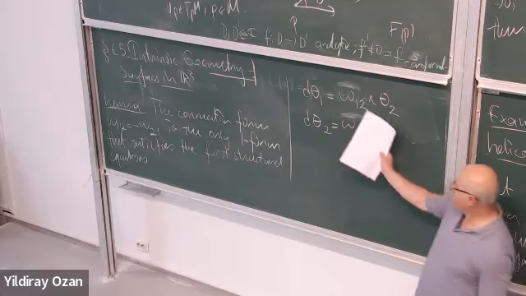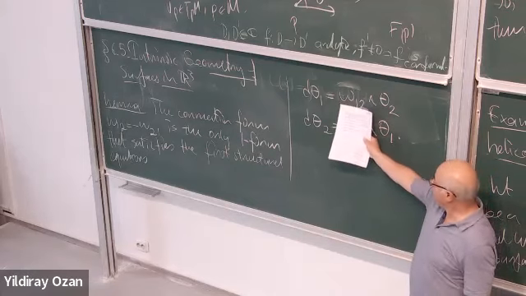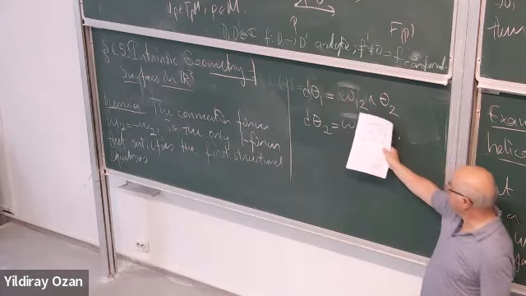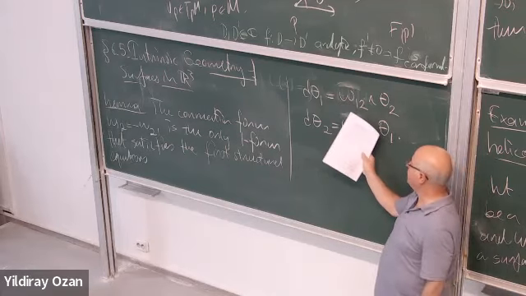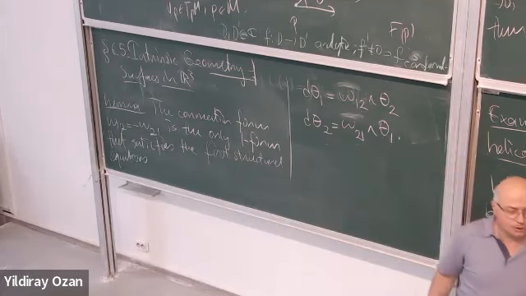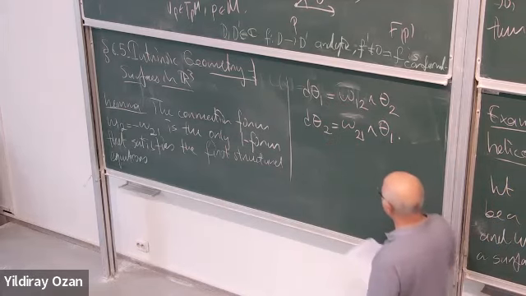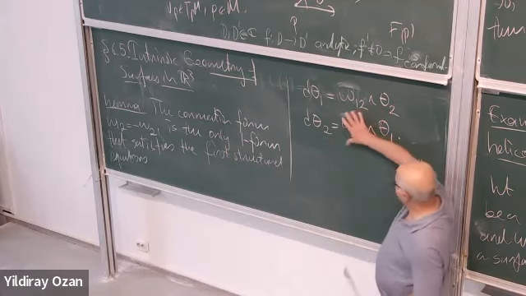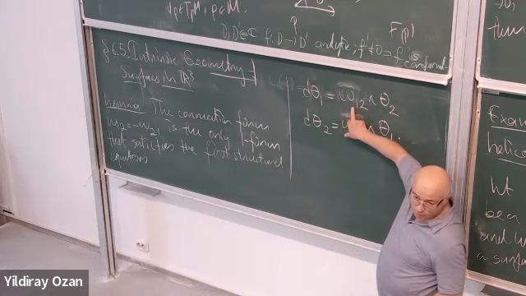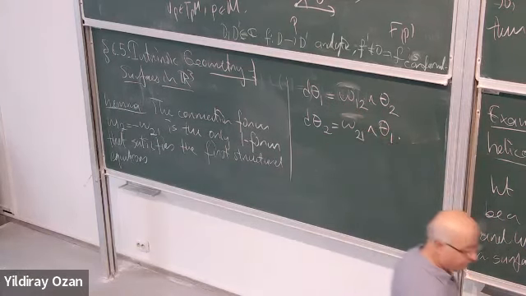It is not clear from this, so this form cannot be determined from this equation, right? This is a wedge product. It's not a usual product, right? They are not functions, they are forms. But we will see that these two equations actually determine W uniquely. Okay, so that's the claim.